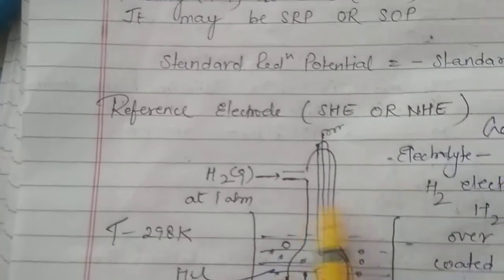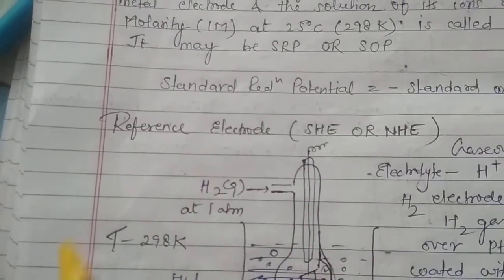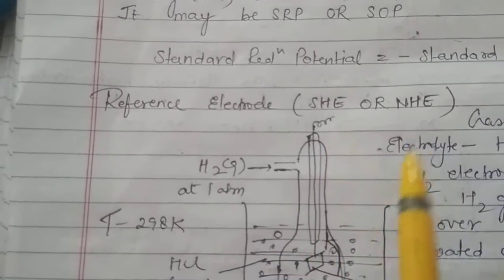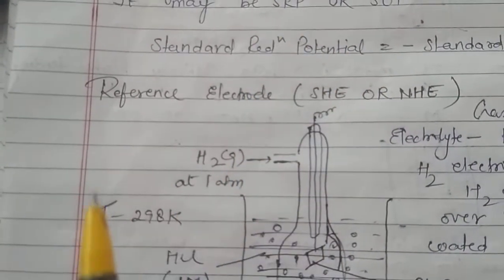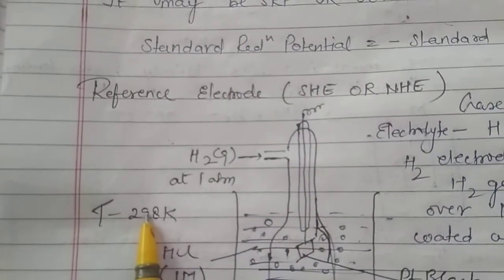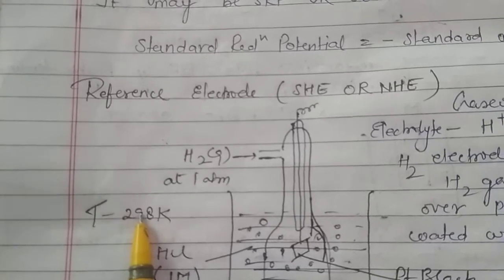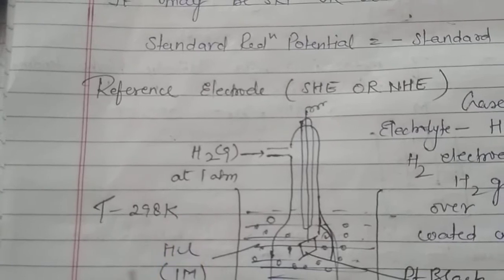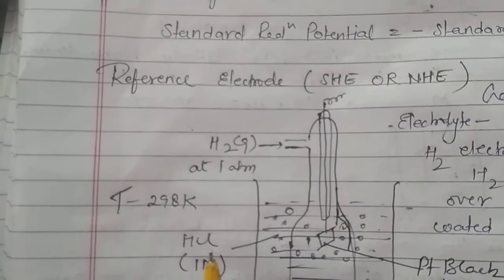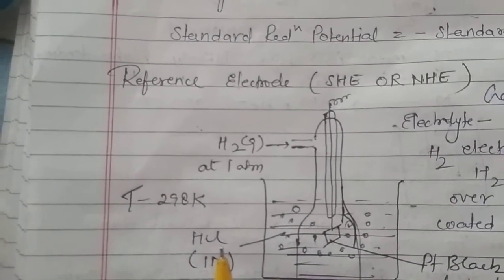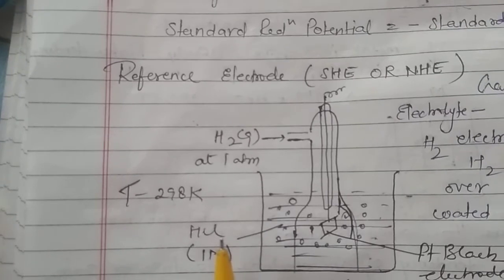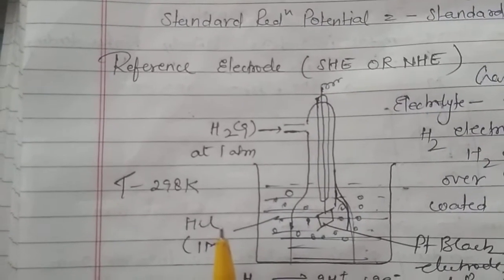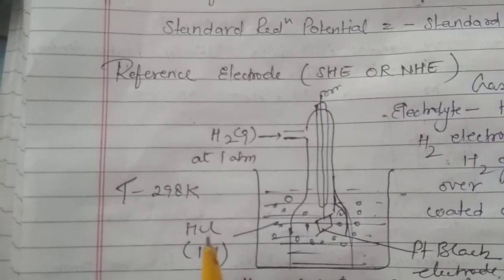It can only work when we connect it with another half cell, because the electron releasing or electron accepting tendency of an electrode is only a relative tendency. It is not an absolute tendency. As we saw yesterday, we can't say whether it would be reduced or oxidized. It is a relative tendency.